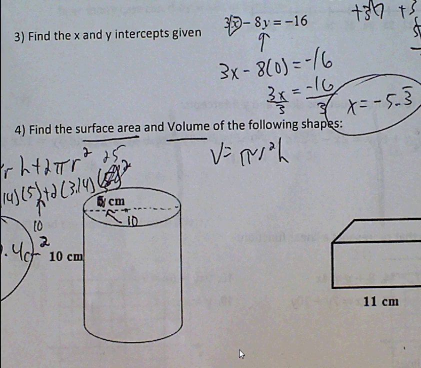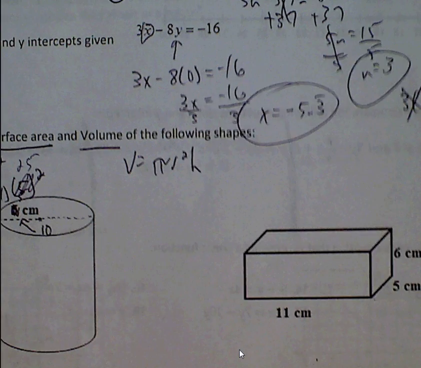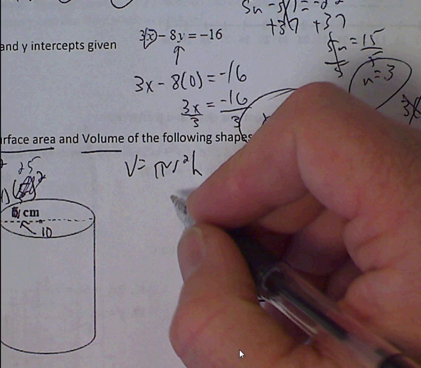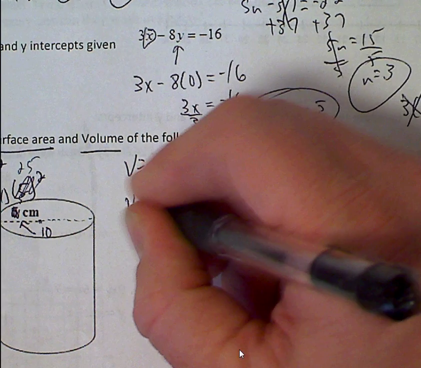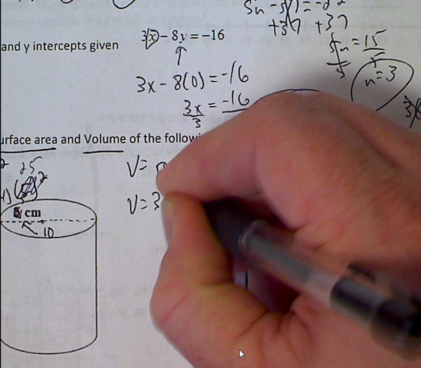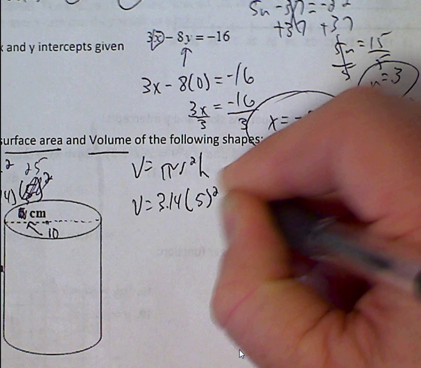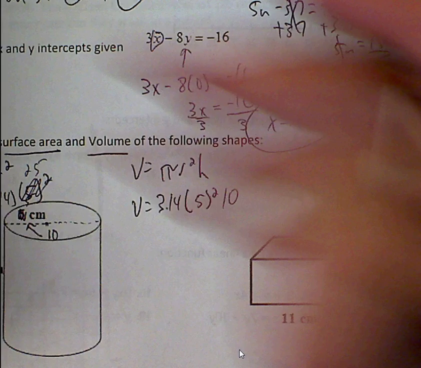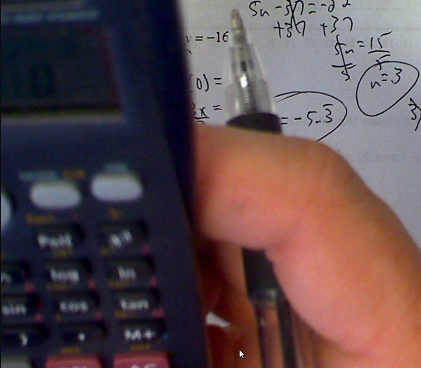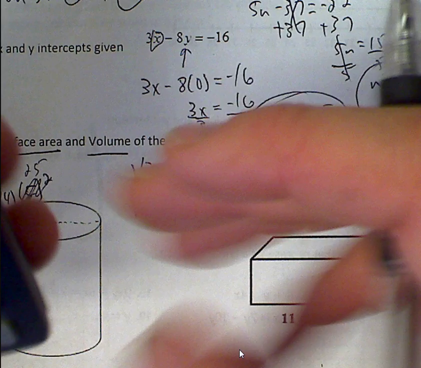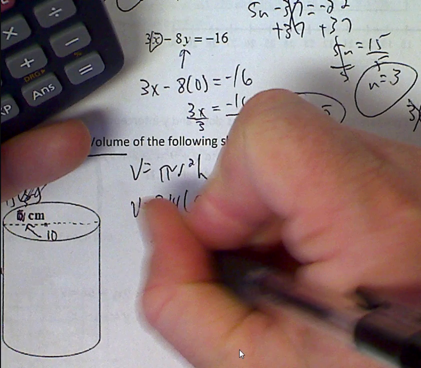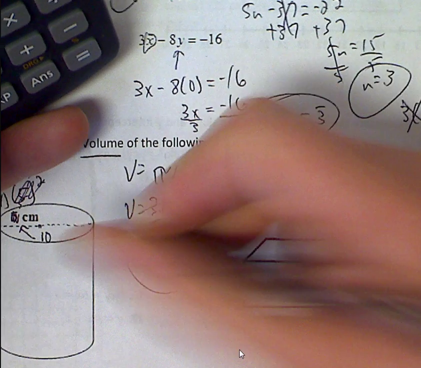My volume is cubed, so my volume would be 3.14 times my r, which is 5 squared, times my h. So that would be 3.14 times 25 times 10, which gives me 785 centimeters cubed.